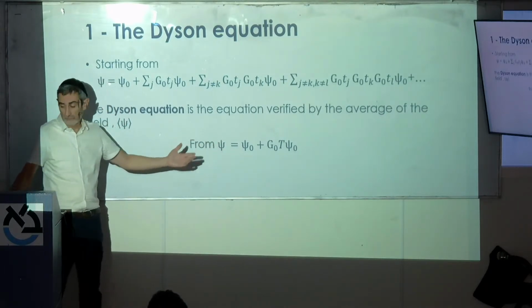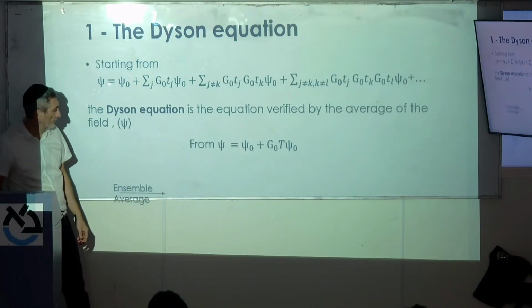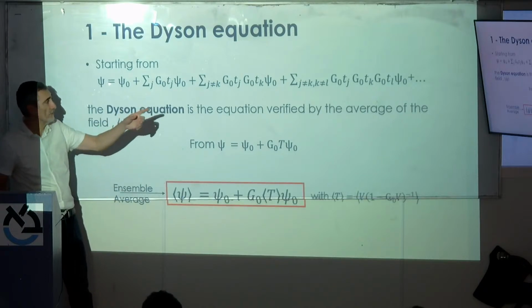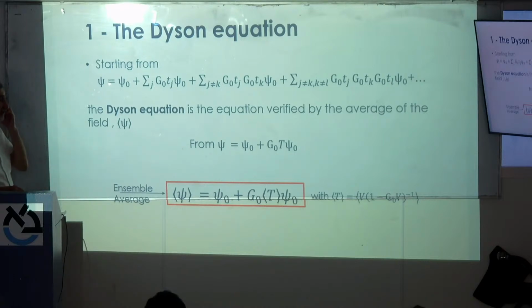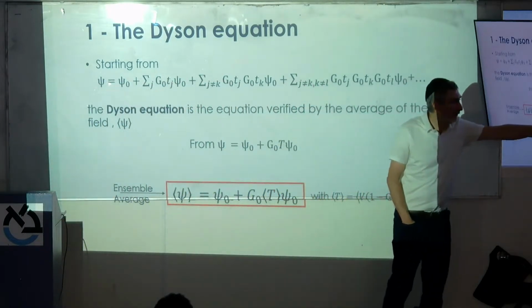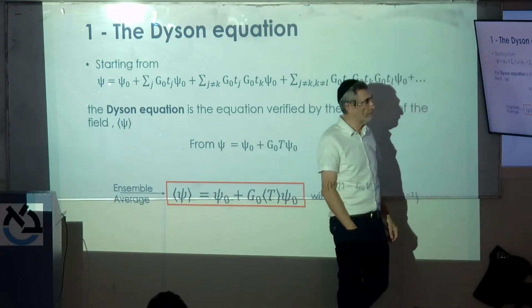Psi 0 there is no average of psi 0. So what you get after ensemble average is psi average equals psi 0 plus G0 average of the T matrix times psi 0. The average of the T matrix will be the average of V times 1 over 1 minus G0 V.